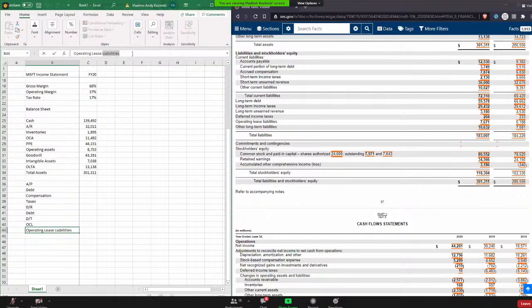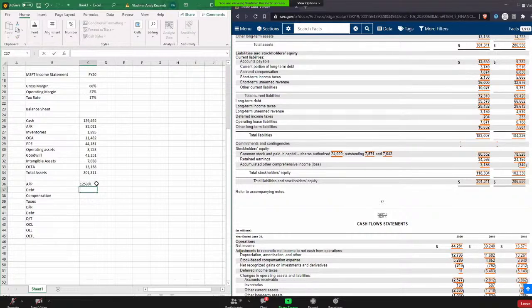We can just short that, actually, let's just short it. Other long-term liabilities. Okay, so accounts payable is 125,380.